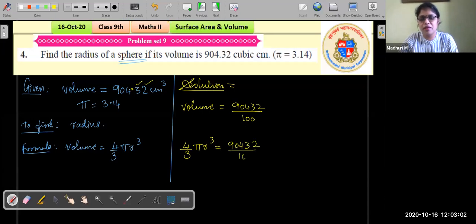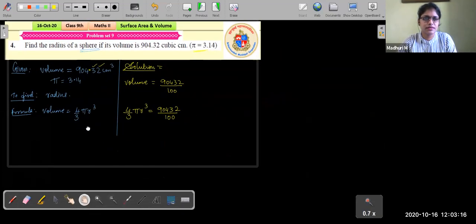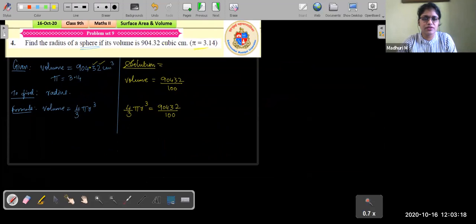90432 divided by 100. Okay, and we know the value of pi is given. The value given is 3.14, right, students? So let us substitute and do the calculations. So that is 4 by 3, pi is 3.14, but I'm going to write it as 314 divided by 100.